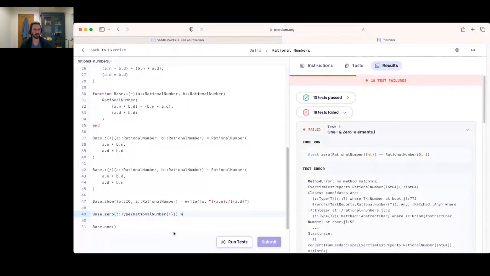Okay, so we need to take into account where t is an integer. Is that everything on the left-hand side that I need there?